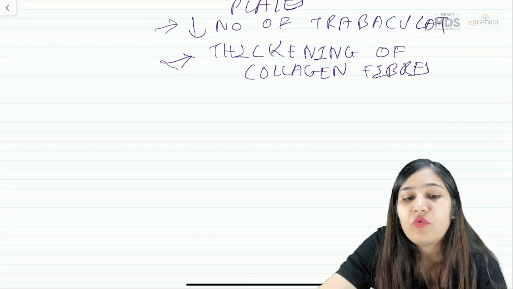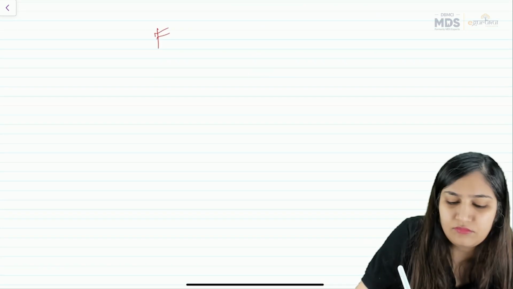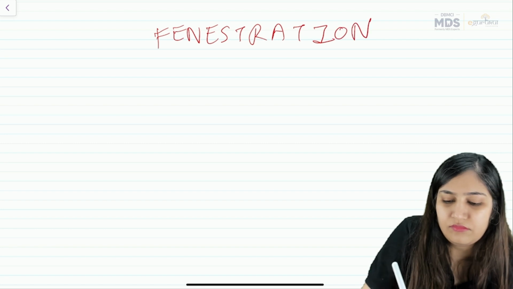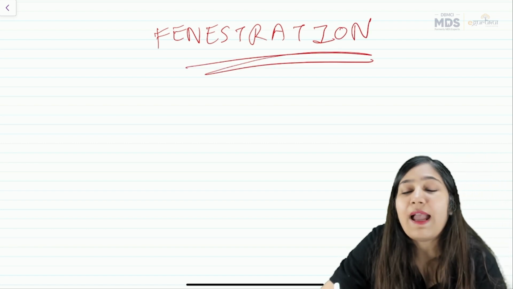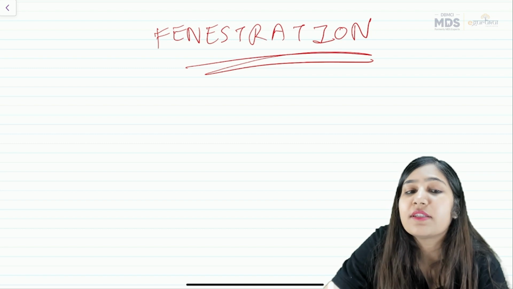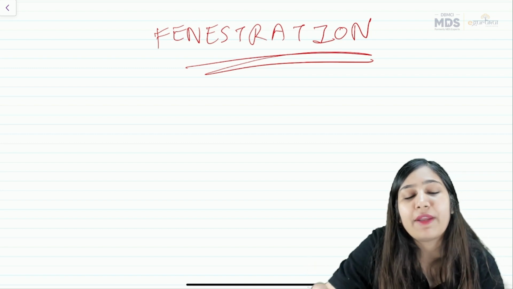Now coming to fenestration and dehiscence. Fenestration: isolated areas in which the root is denuded of bone and the root surface is covered completely by periosteum.